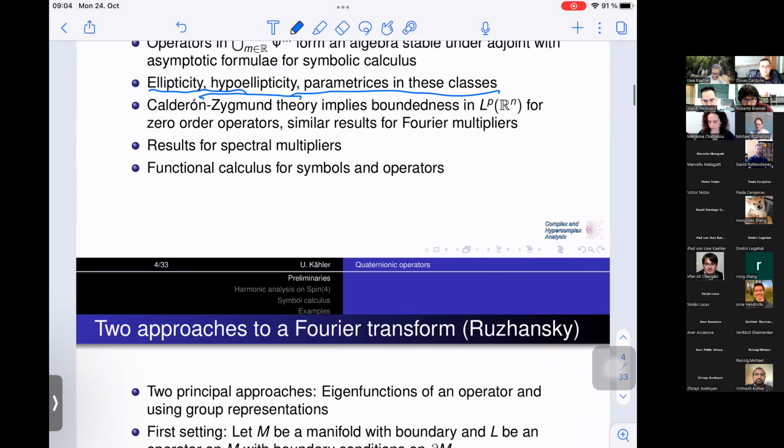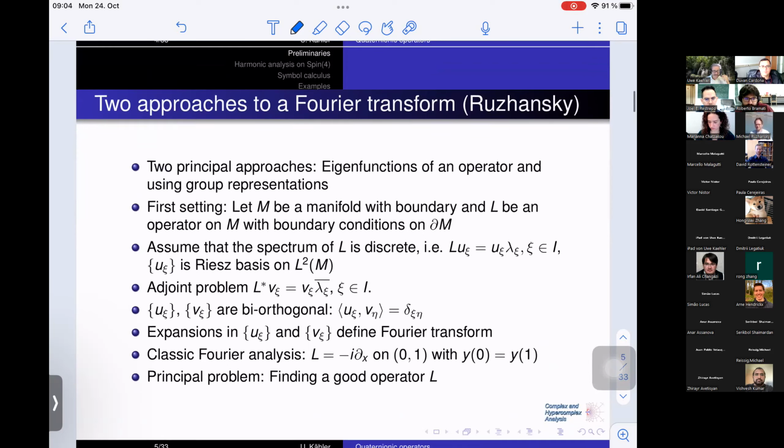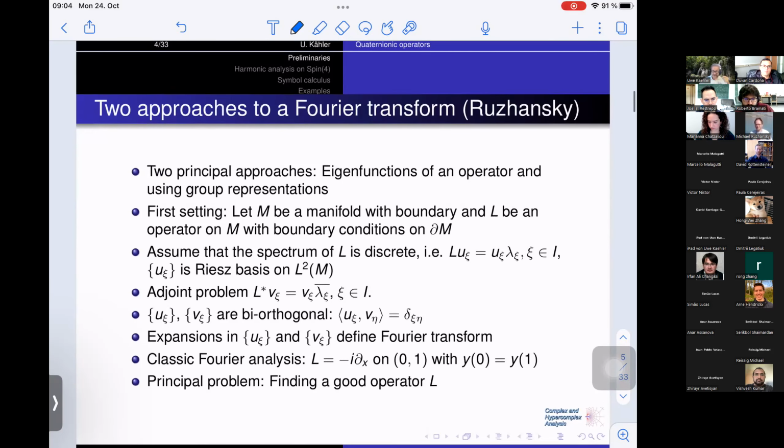So, if one would ask Michael Ruzhansky here how to construct a Fourier transform, there are basically two approaches he developed and popularized. I will actually go inverse to the order you can find in the literature. One is basically to use the eigenfunctions of an operator.